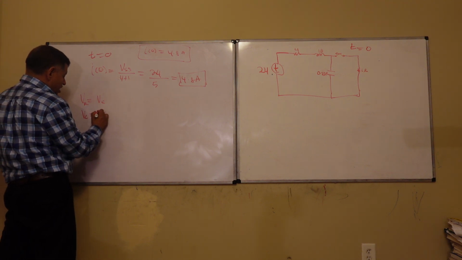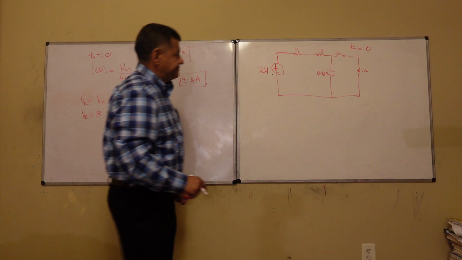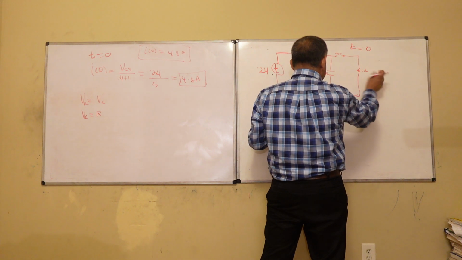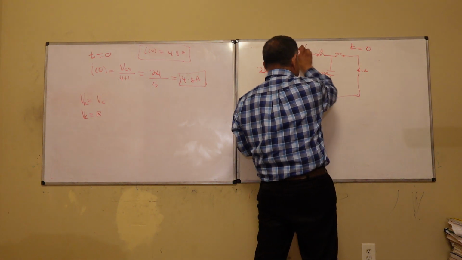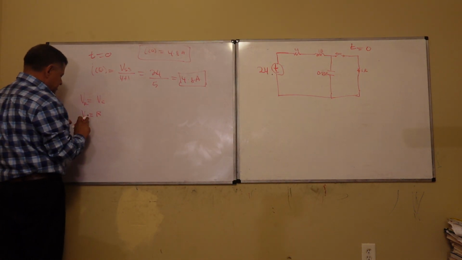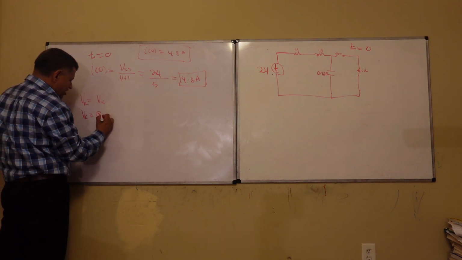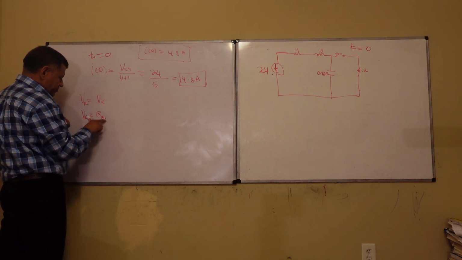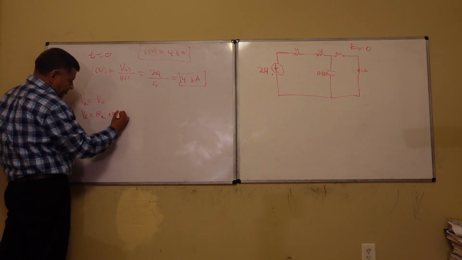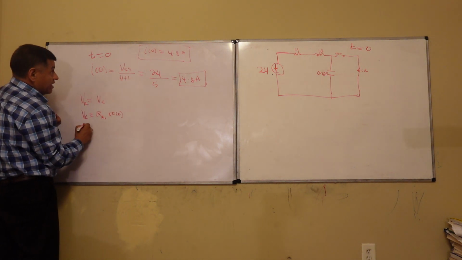Is equal to R. You can call this R, maybe R1 or R initial, whatever. This is what was already here. The one that we're changing is this. So you can say that VC is equal to R1, representing that this R is right there, times I0, which is the 4.8 amps.